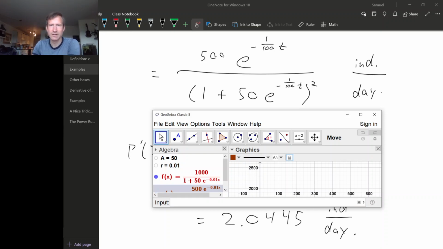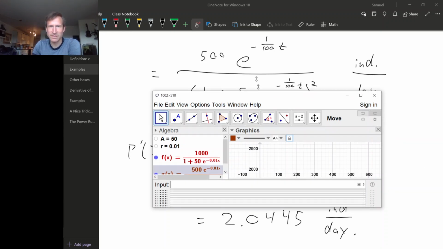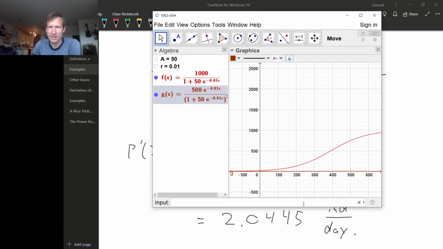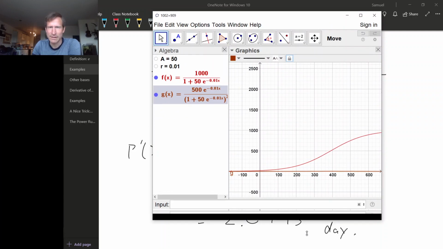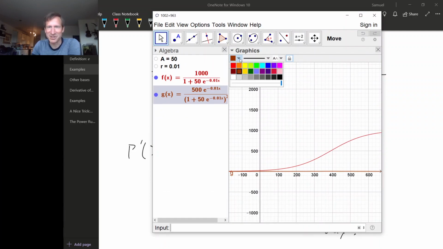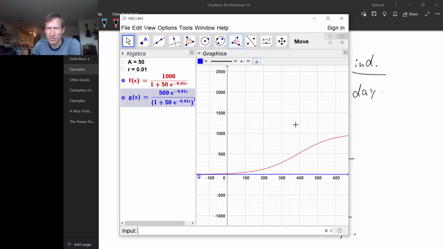All right. So let's see if this looks sensible. Let me make this a different color. How about there? All right, so the red line is the population function, and the blue line is its derivative.